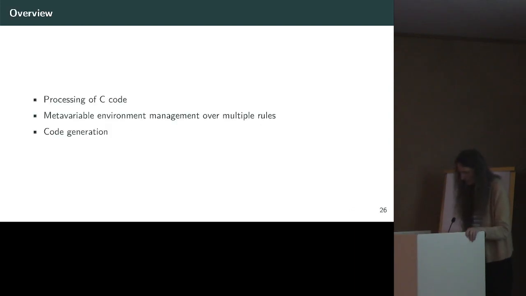Specifically, I'm going to talk about the processing of the C code, so mainly the whole parsing process. I'm going to talk about how we handle multiple rules, which was asked about before: how do we transfer information from one rule to another? And also about the code generation process.